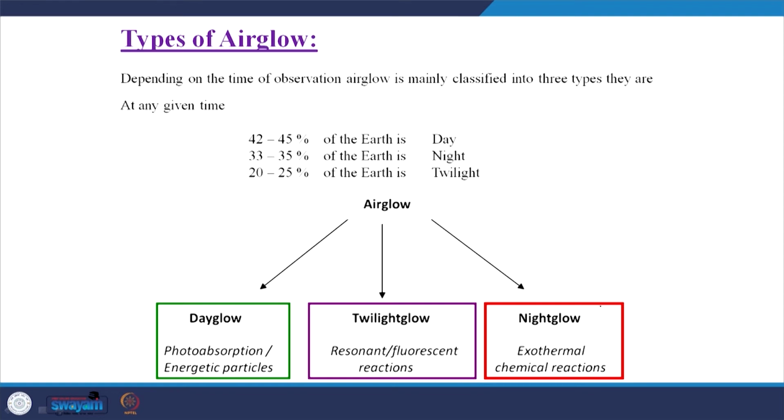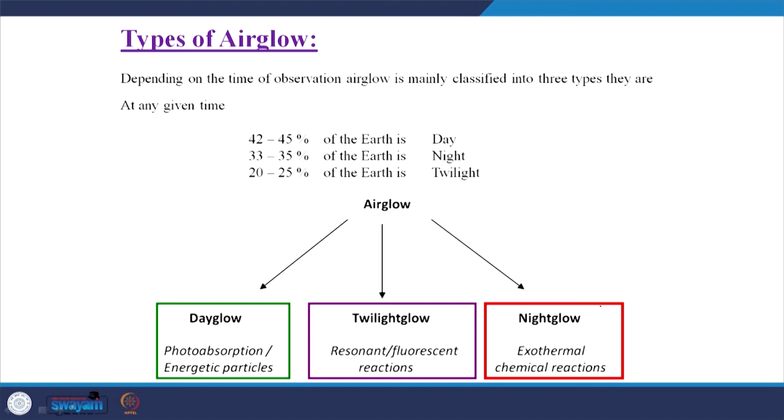Generally, at any given time, 42 to 45% of the earth is in the daytime, 33 to 35% of the earth is in the night time, and 20 to 25% of the earth is in twilight. So, the airglow that is seen in these three conditions is known as the dayglow, nightglow and twilight glow.